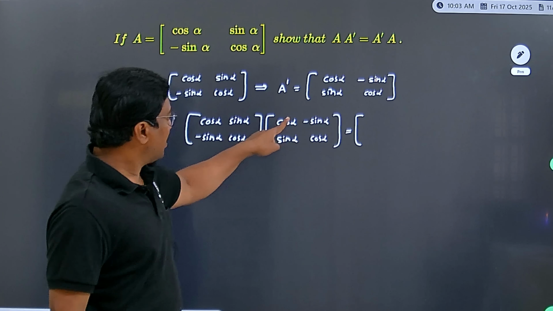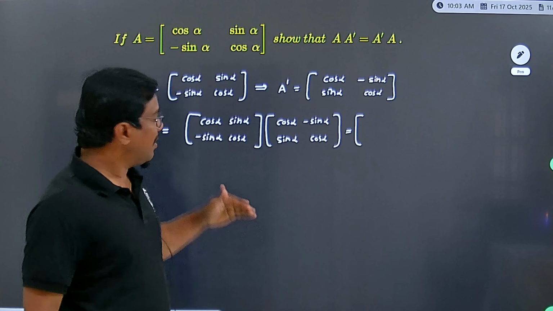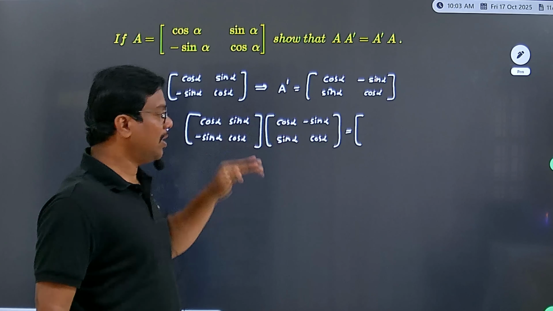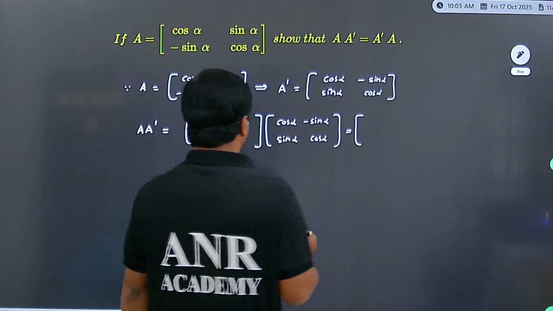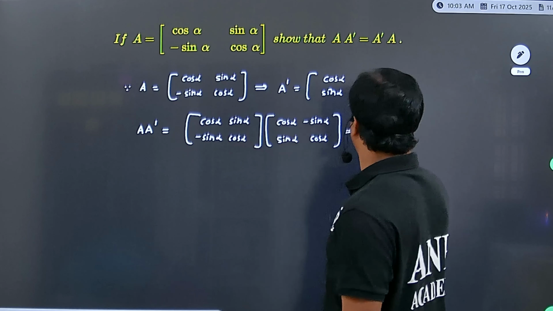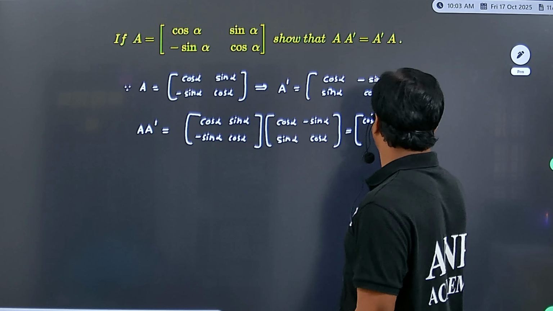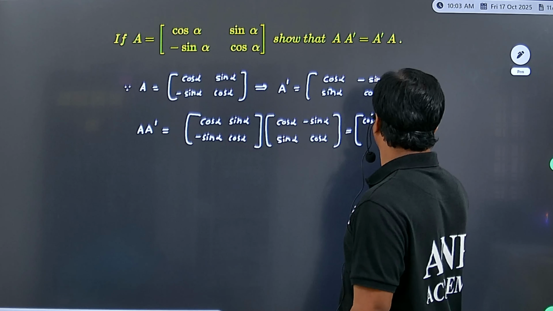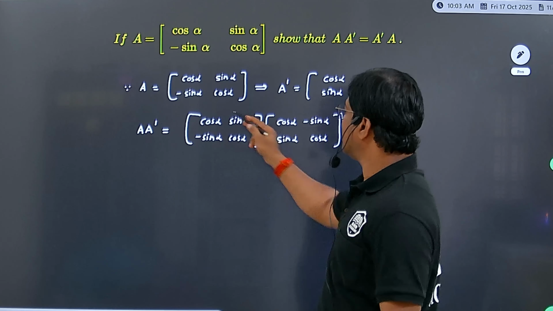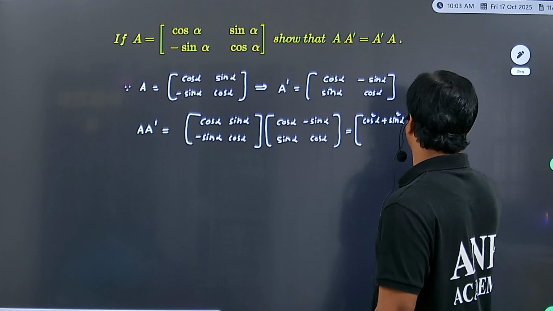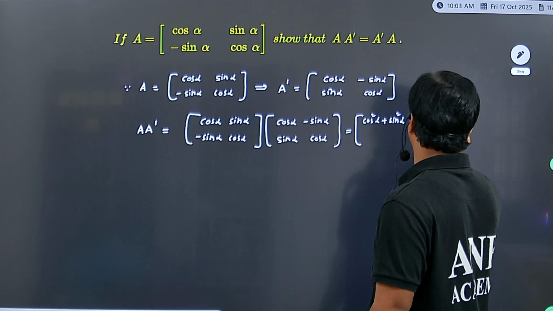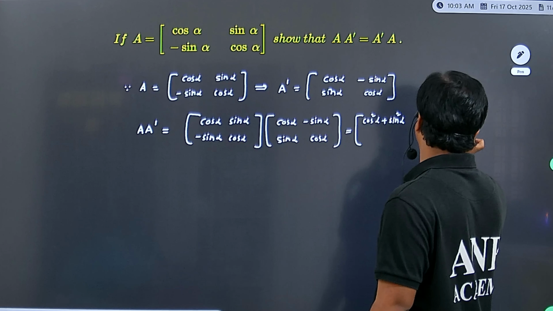Cos alpha into cos alpha plus sin alpha into sin alpha. First row, first column, we are going to use cos alpha into cos alpha, cos square alpha, sin alpha into sin alpha, that is sin square alpha. Next, cos into minus sin, that is minus sin alpha into cos alpha.